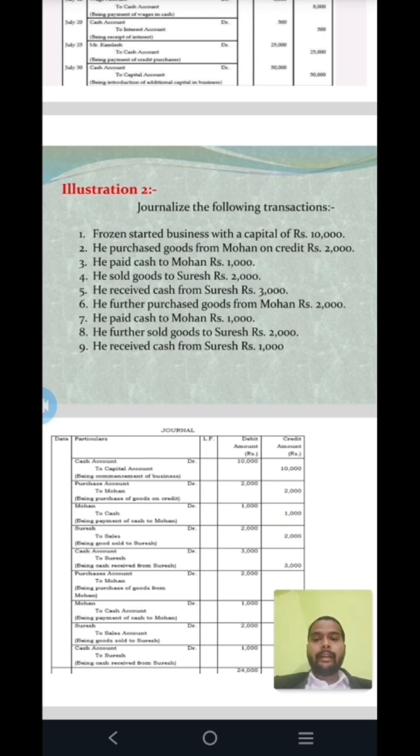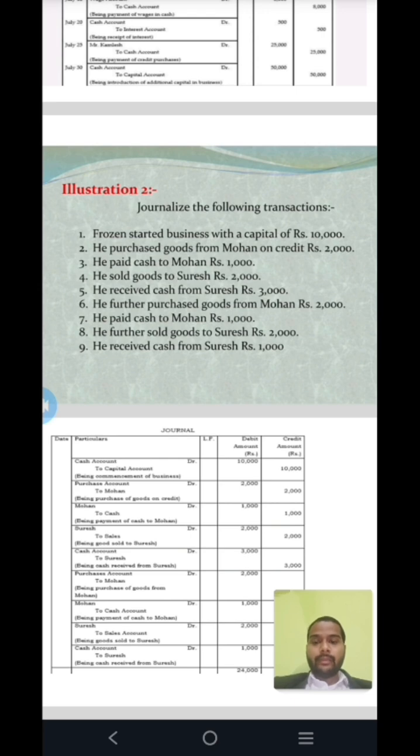Then third, he paid cash to Mohan, rupees 1,000. So the entry is Mohan account debit to cash account, 1,000 debit and 1,000 credit, and the narration is being payment of cash to Mohan. Then the fourth entry, he sold goods to Suresh, rupees 2,000.